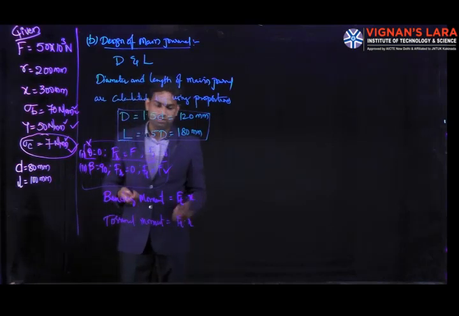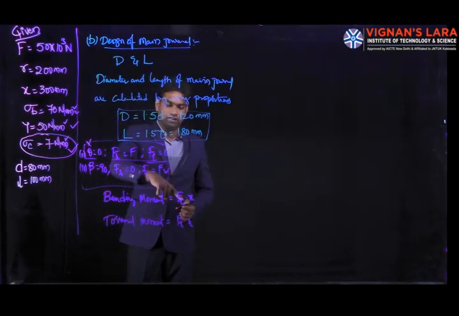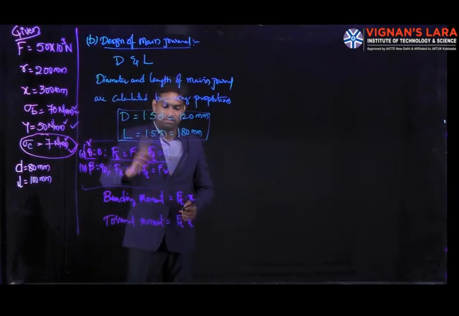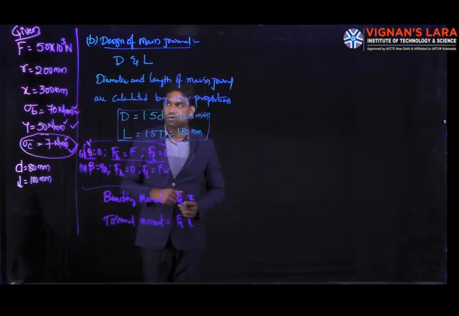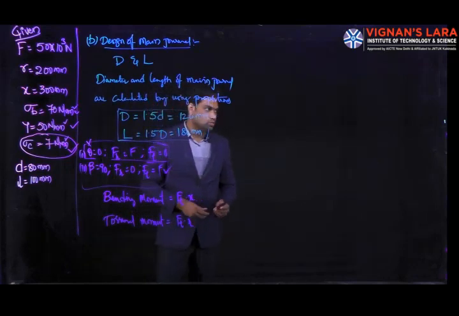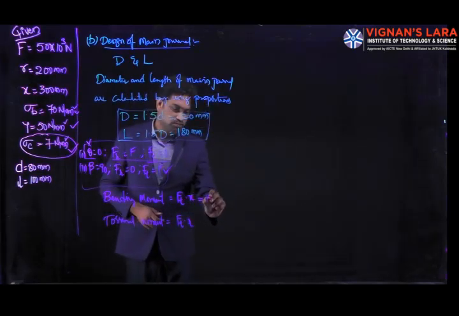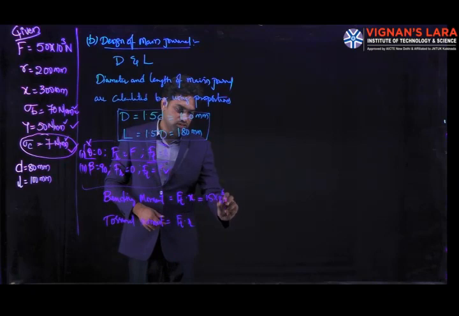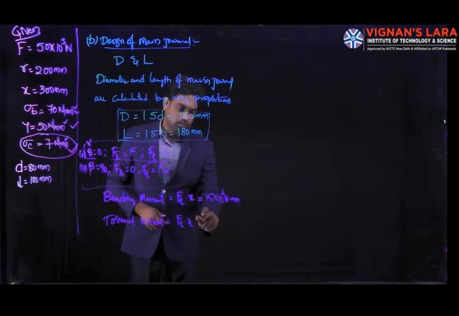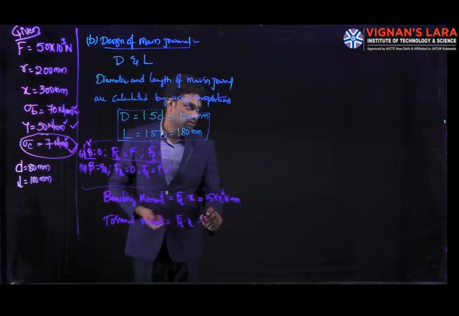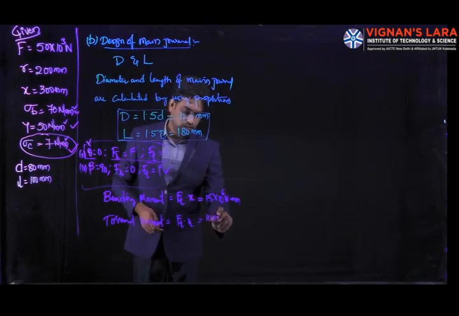Ft equals F, so we substitute 50 into 10 cube, and x is 300 mm and r, the crank radius, is 200 mm. By substituting both values, the bending moment is 15 into 10 power 6 Newton mm, and the twisting moment is 10 into 10 power 6 Newton mm.